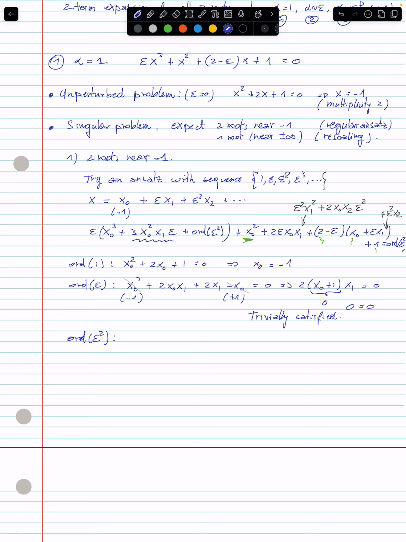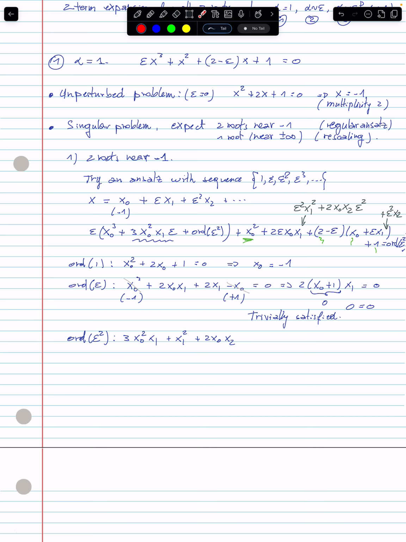So if we reconsider now the different terms at order epsilon squared, we have 3x0 squared x1 coming from the first term. Then we have these two terms coming from the x squared: plus x1 squared plus 2x0 x2 times epsilon squared.